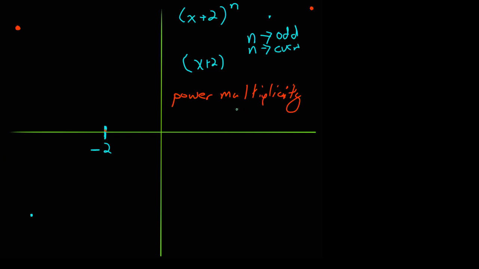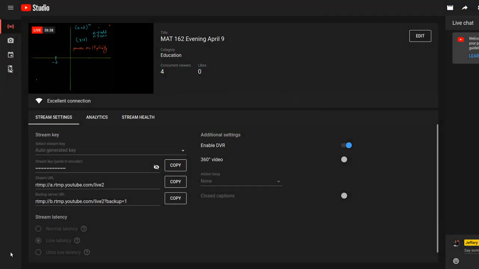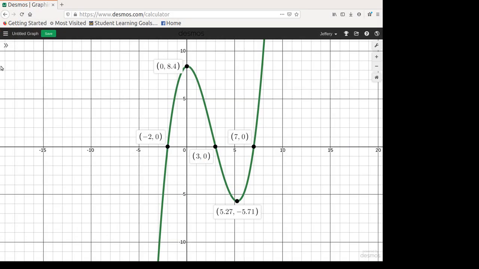And so we're going to look at how the multiplicity affects this. Let's come over to a graph here. Let me see if I can get my graphs up. Yep, that's not the graphs. There's the graphs. All right. So I'm going to clear these two functions. And what I'm going to plug in here is that x plus 2 that we had, and I'm going to raise it to the first power. And so right now it's a line.